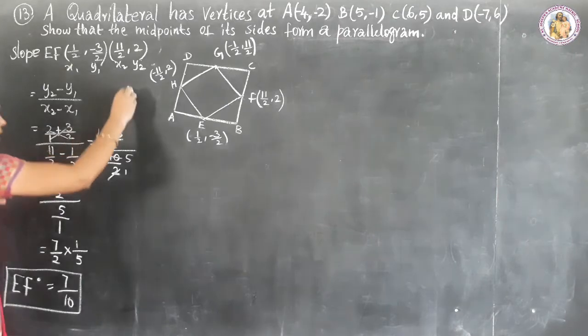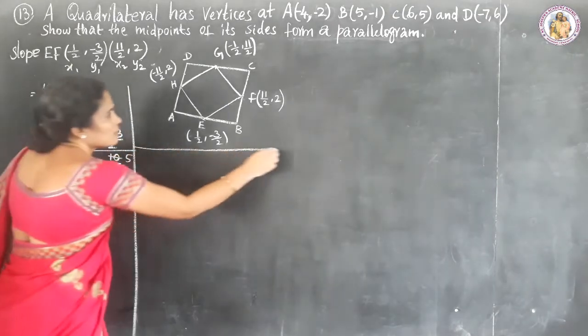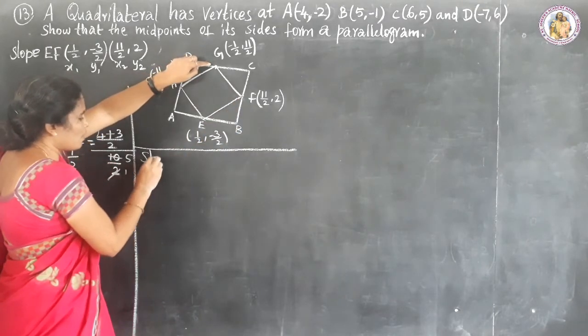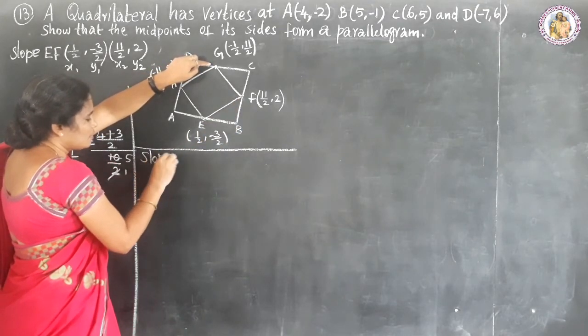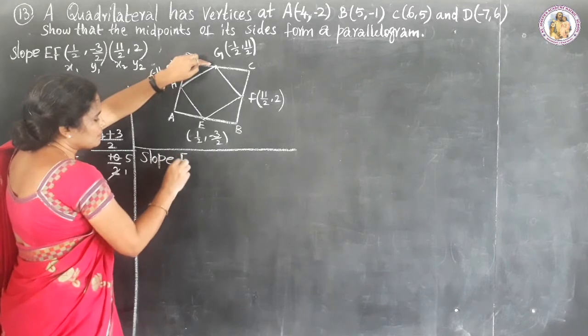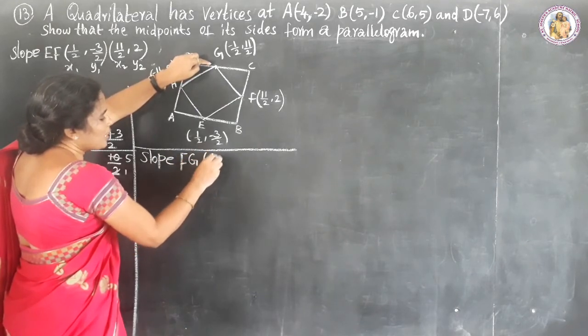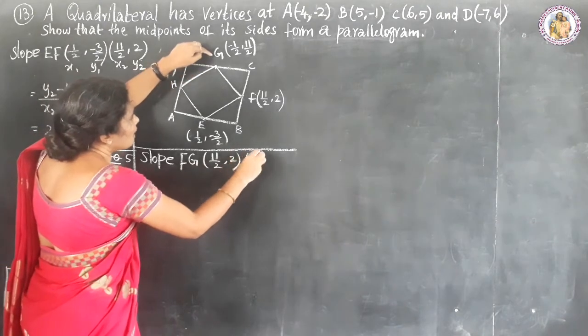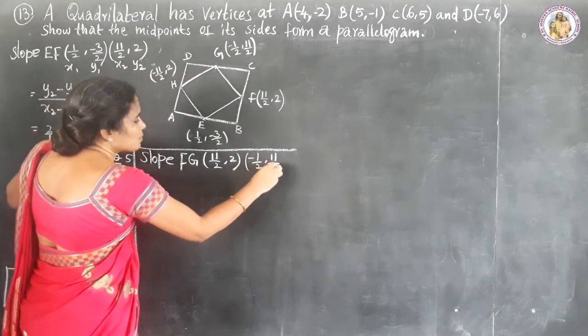Okay, now let us find slope of FG. So slope FG, the points are F (11/2, 2) and G (-1/2, 11/2).